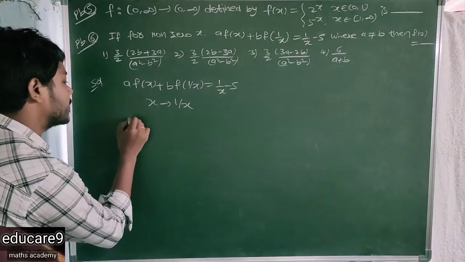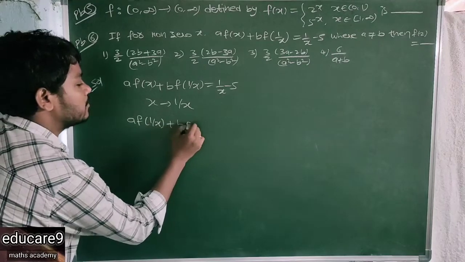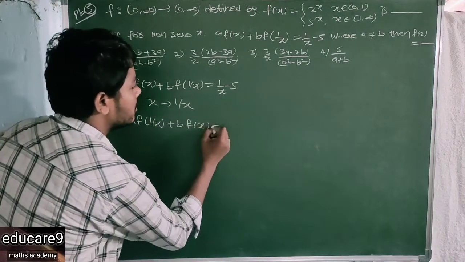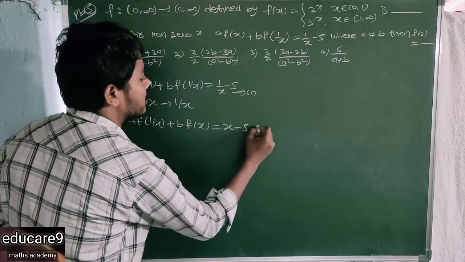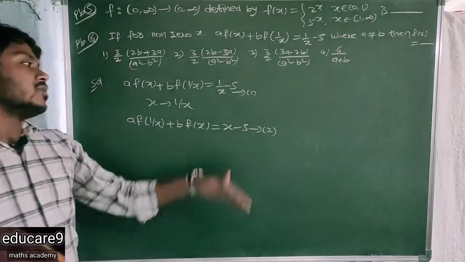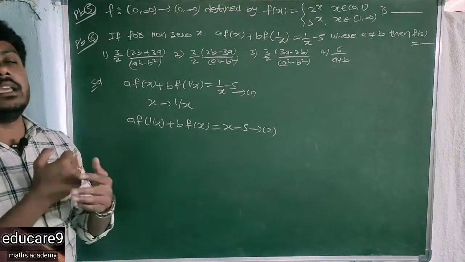Now this becomes a·f(1/x) + b·f(x) is equal to x − 5. This is equation 1, this is equation 2. So solving these two, you want to find f(x).